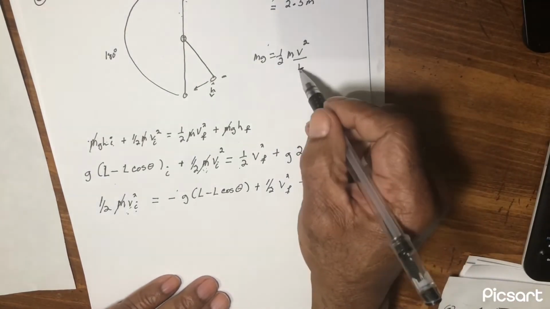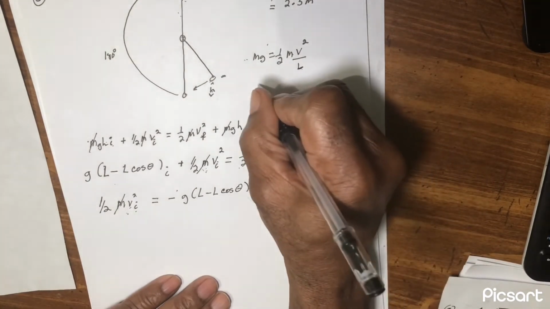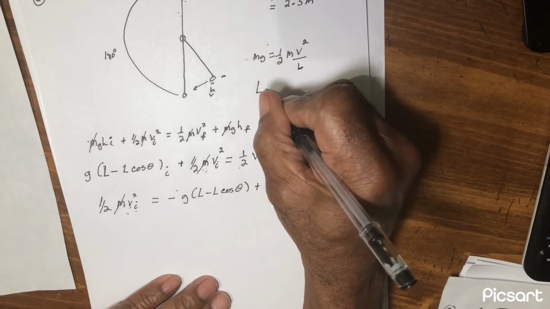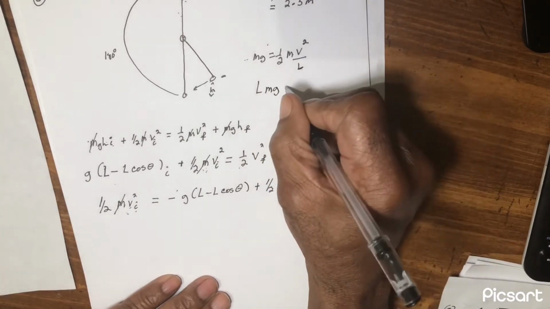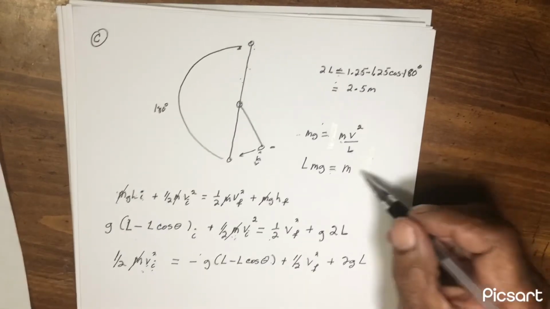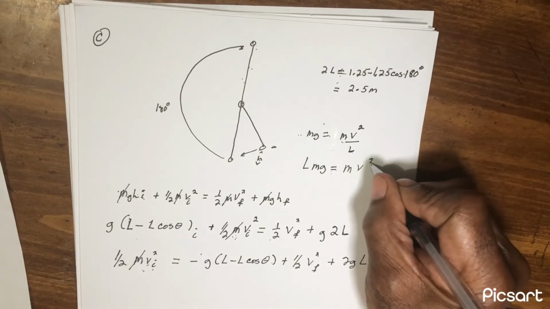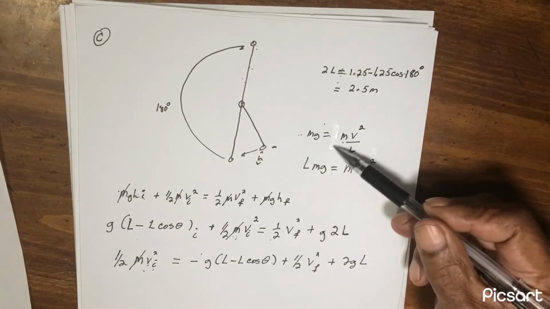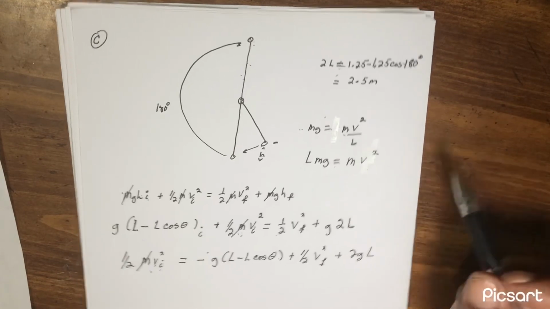If we were to bring this L over here, we'd have L mg is equal to m v squared. There was a 1/2 up here. That was a mistake. Earlier, I erased that.